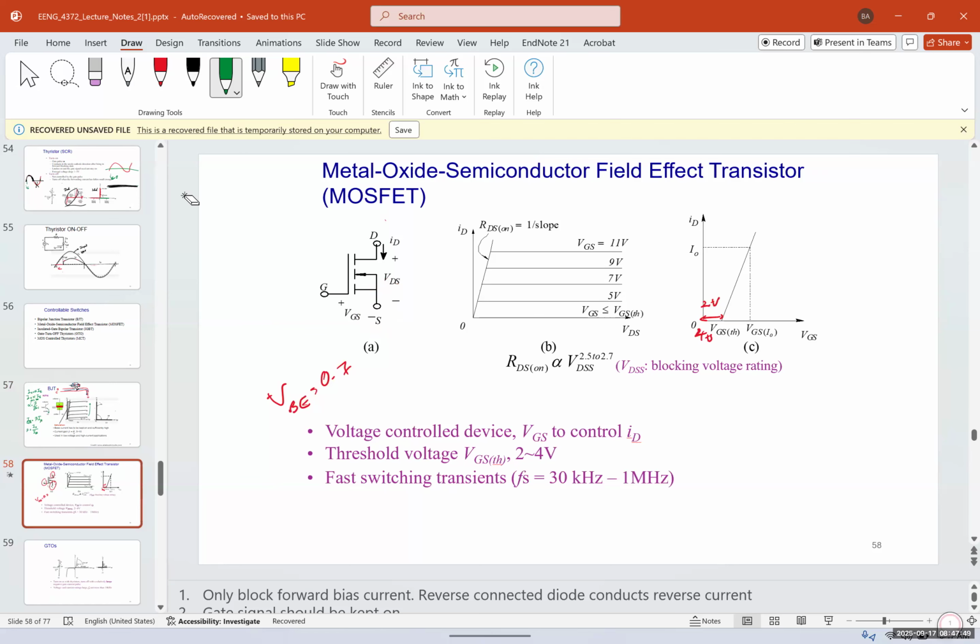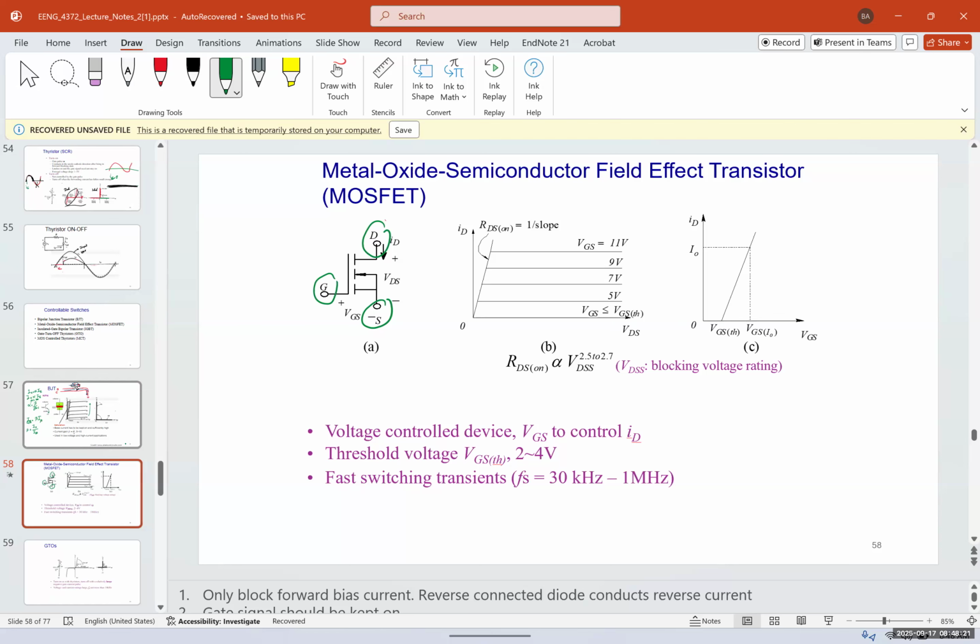A different type is the metal oxide semiconductor field effect transistors. Again, we have the gate, drain, source here. And these are better for power electronic systems, a newer generation compared to BJTs, for higher voltages. The voltage controlled device, VGS, is to control the ID or the drain current.